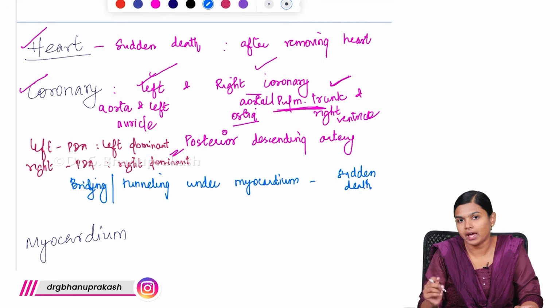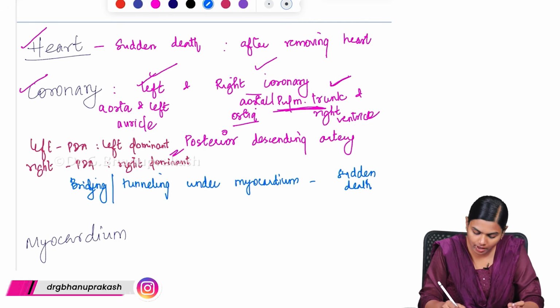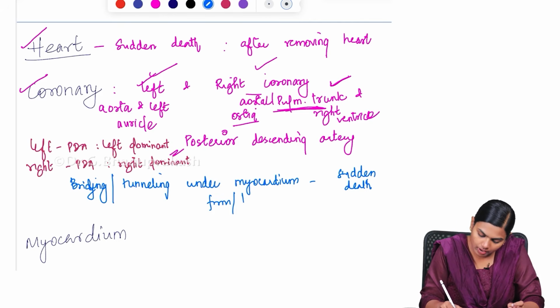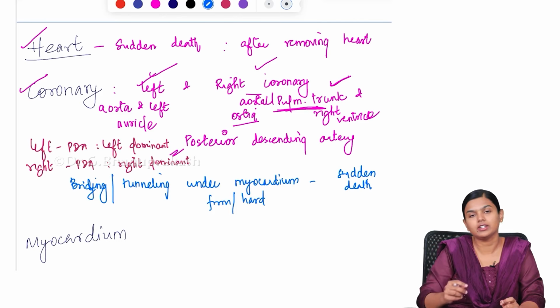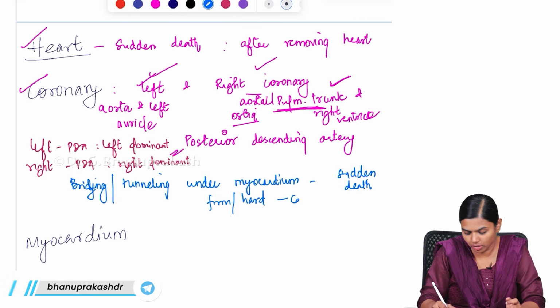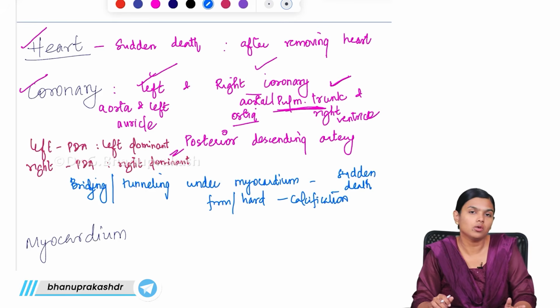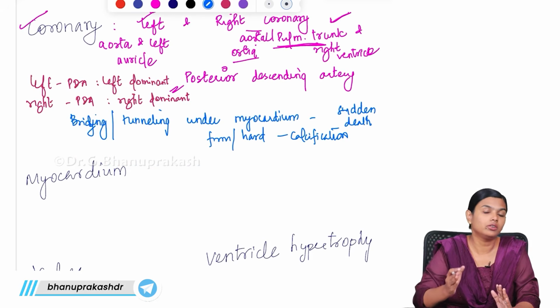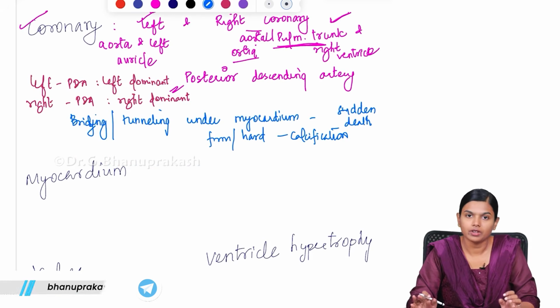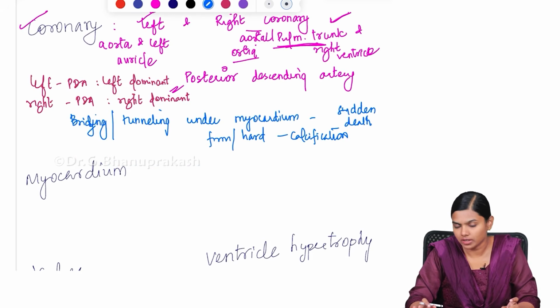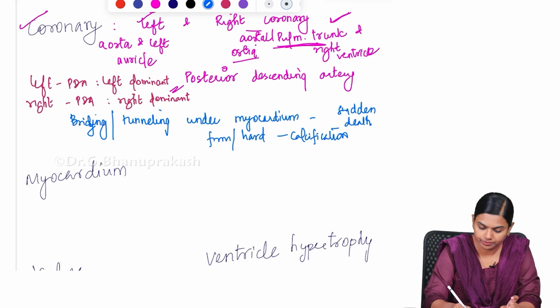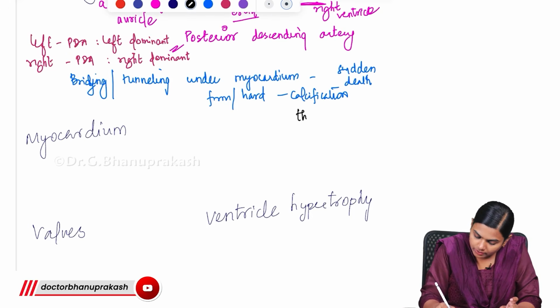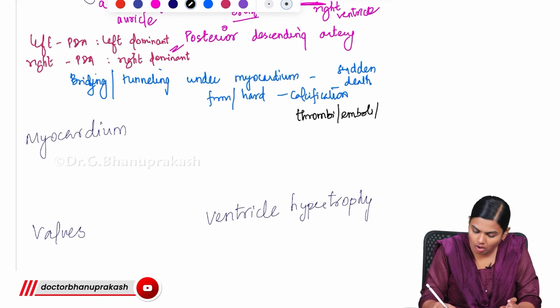Then you have to palpate it to find out whether they are firm or hard, like whether there is any calcification present or not. You have to find it out, and once you find it out, what you have to do is dissect the coronary arteries. And why we do this dissection is that we have to look for thrombi or emboli or plaque, or any narrowing.